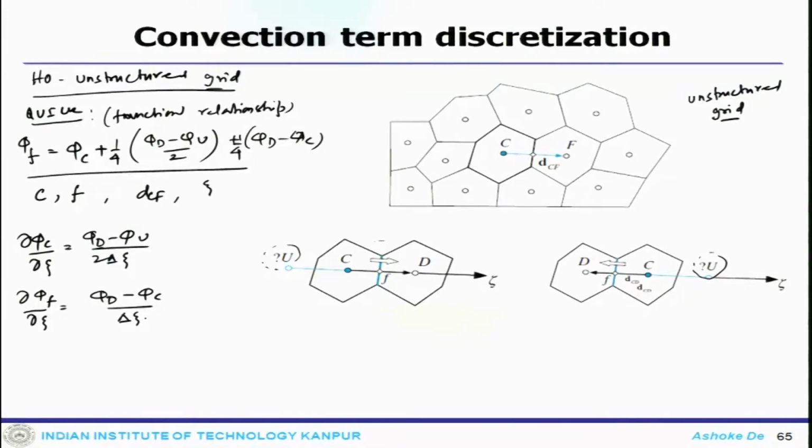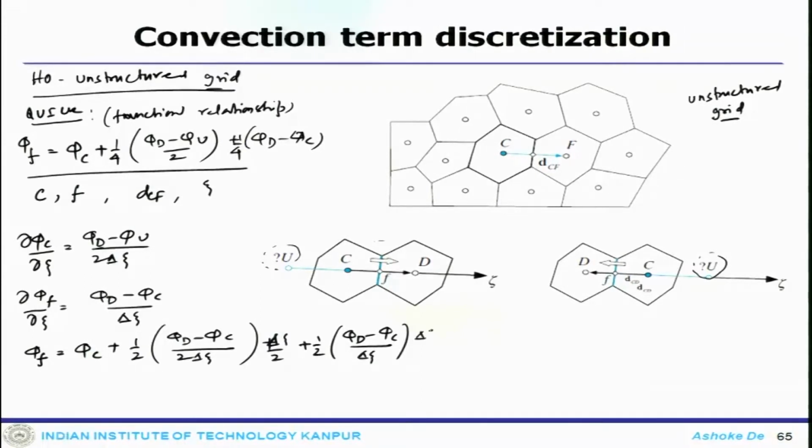Now, phi_f can be represented as phi_c plus half of (phi_d minus phi_c) divided by 2 delta xi plus delta xi by 2, plus half of (phi_d minus phi_c) divided by delta xi multiplied by delta xi by 2, or one can write phi_f equals phi_c plus half del phi_c by del xi times delta xi by 2 plus half del phi_f by del xi times delta xi by 2.